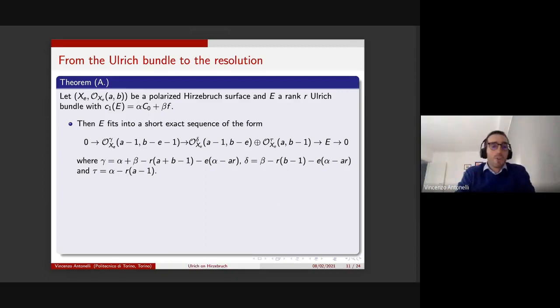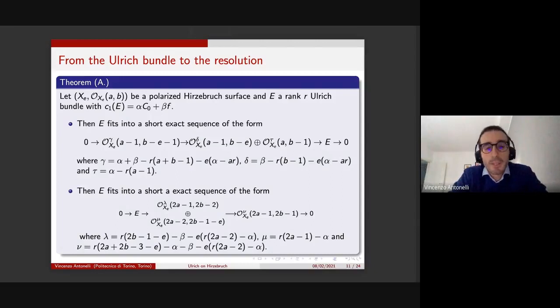So actually, okay, let me finish the theorem and then I'll make some comments. You also have a short exact sequence when the vector bundle is realized as the kernel of a certain map, which is similar to the first one, but this time you have the Ulrich bundle realized as kernel and not as cokernel.